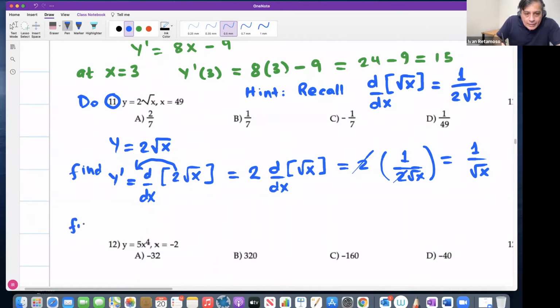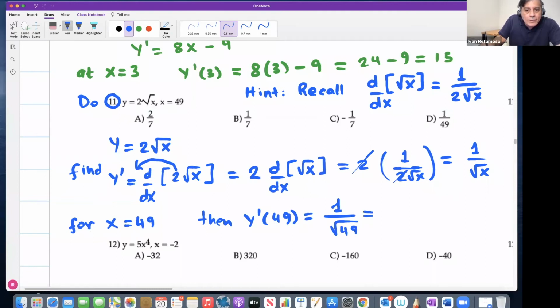Now, for x equal 49, then y prime evaluated at 49, the slope of the tangent line at x equal 49, will be 1 over, we substitute x with 49, right? The square root of 49 is just 7, right? 7. So 1 over 7 should be the slope of the tangent line, right? 1 over 7, which is this guy, right? Follow, guys?